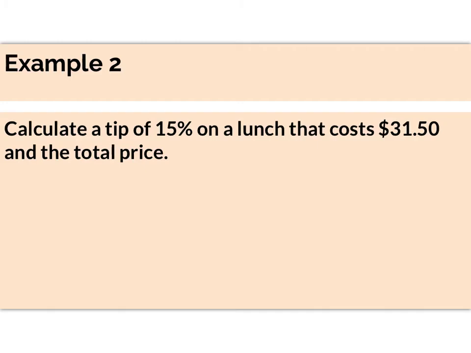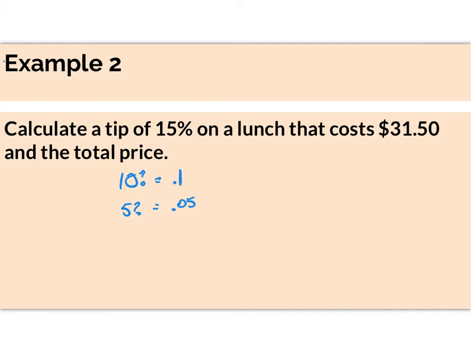So calculate 15% of lunch that costs $31.50 and the total price. So here I would use the break apart method. Now, I would use 10% and then half of that for 5%. So 10% equals 0.1 and 5% equals 0.05. Okay, so why is this important?